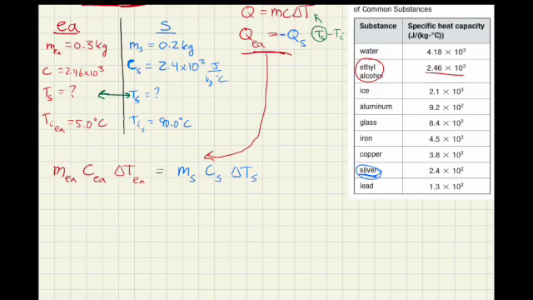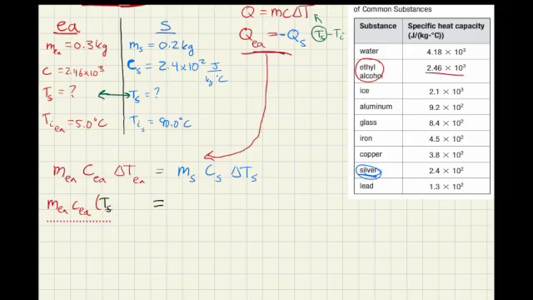If we want to break that down even further, we could say that MEA times CEA multiplied by TF minus, and actually I'm going to make TF a different color. Let's just choose black, it's easy.